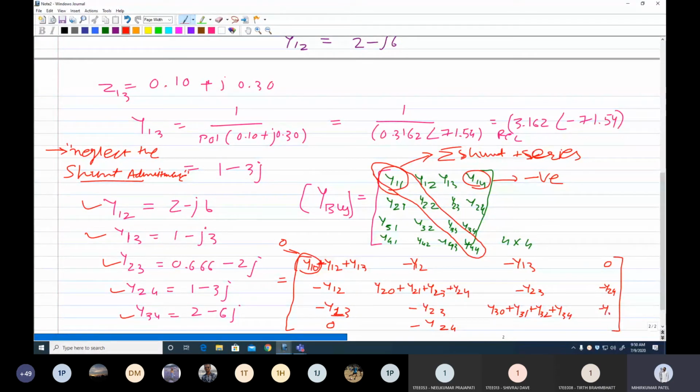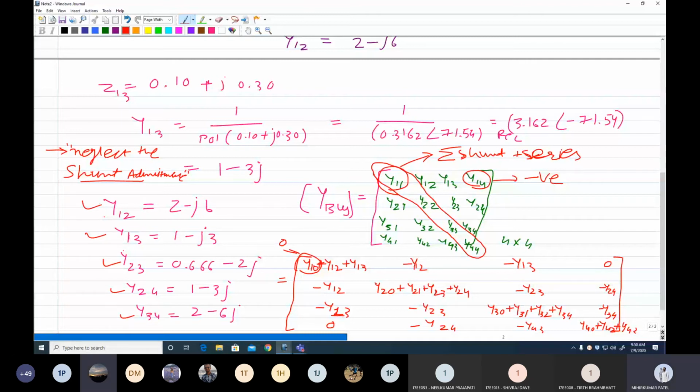Then minus y31, minus y32, and minus y34. And the last element y44 is y40 plus y41, y42 and y43. Clear? You have derived all these elements y12, y13, y23, y24 and y34. Just substitute the value of each element.